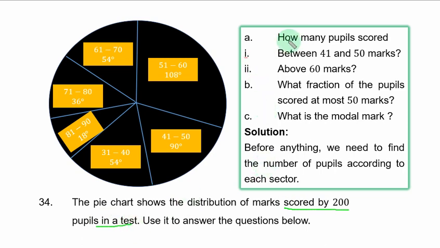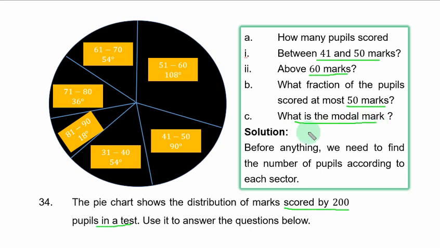A part of it: how many pupils scored, Roman figure 1, between 41 and 50 marks; Roman figure 2, above 60 marks. B part of the question: what fraction of the pupils scored at most 50 marks? C part of the question: what is the modal mark?